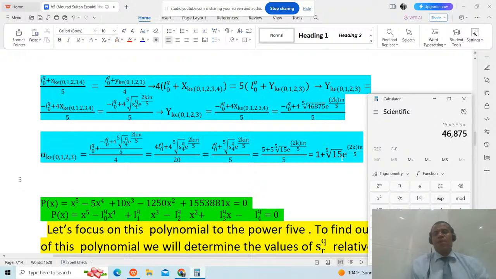Therefore, this is 15. The root will be 1 plus the cube root of 15. This is the zero of it.